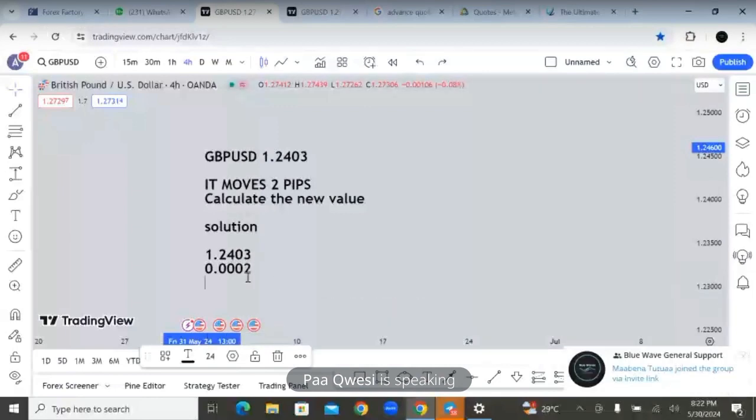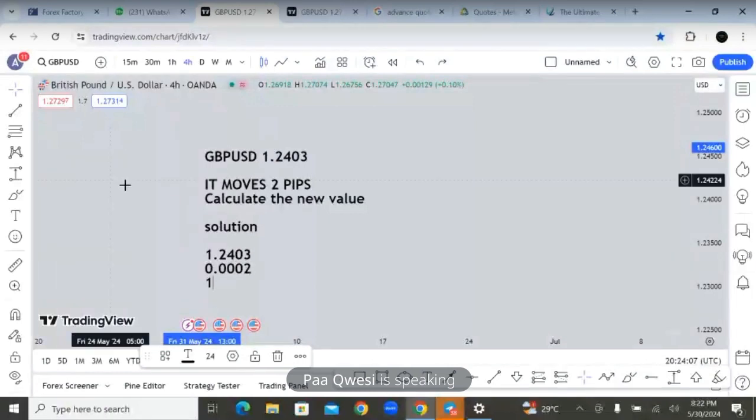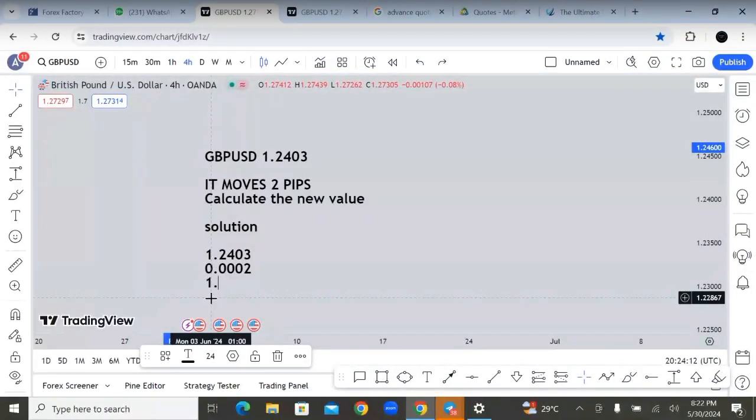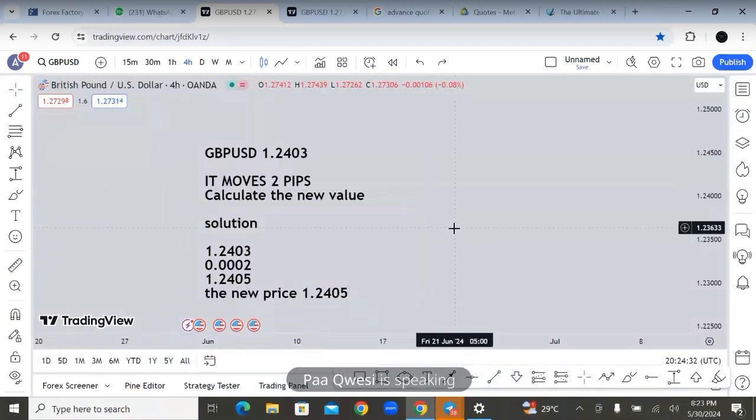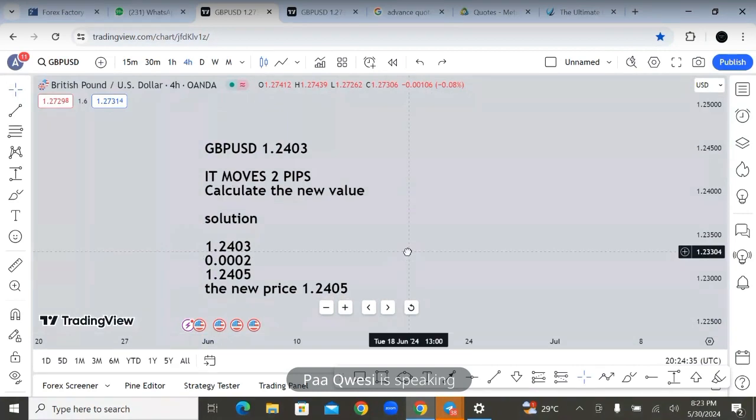So if you add 1.2403 to 0.0002, it will be 1.2405. So the new price, the new exchange rate, will be 1.2405. This is very basic, so those who are advanced, it is going to be simple for you.